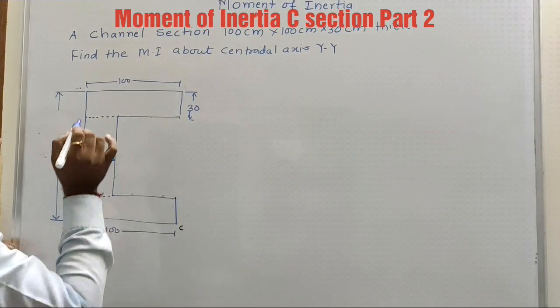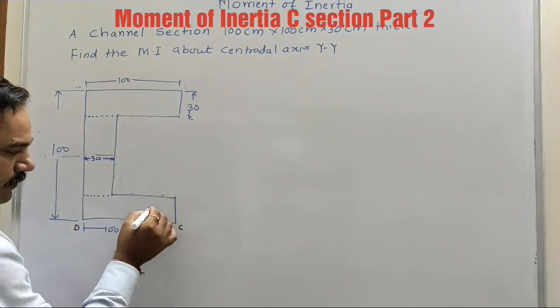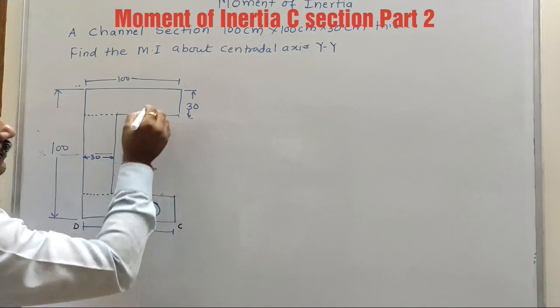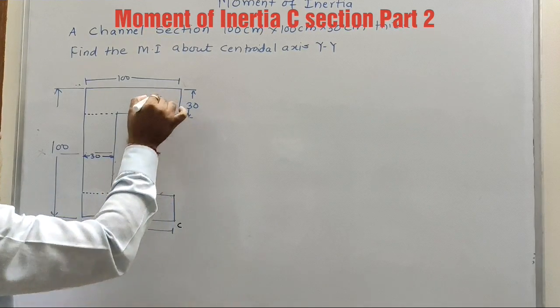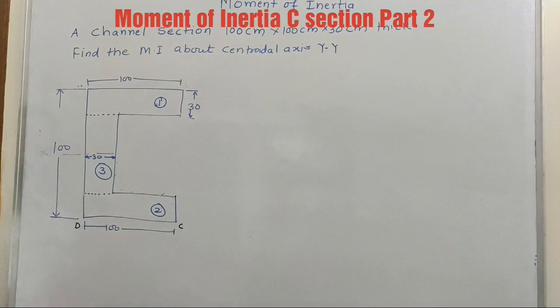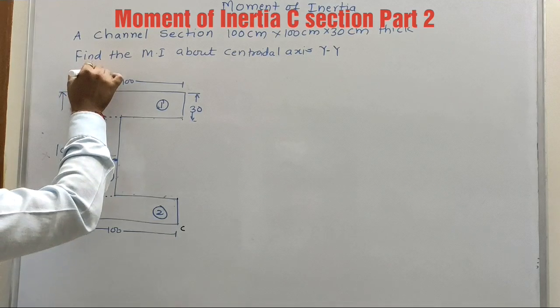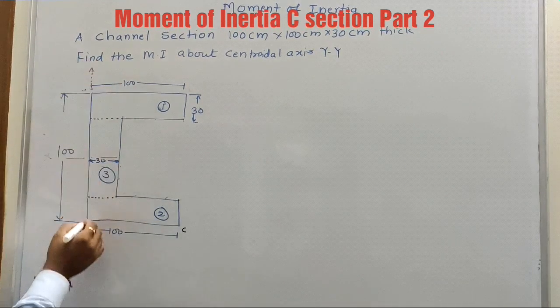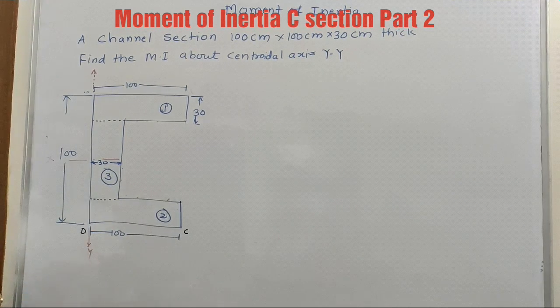I divide this C channel into three rectangles and name them 1, 2 and 3, and mark the y-axis at the extreme left. So this is your y-axis.